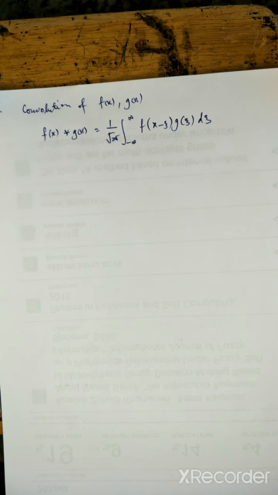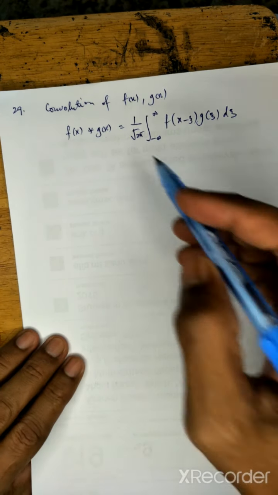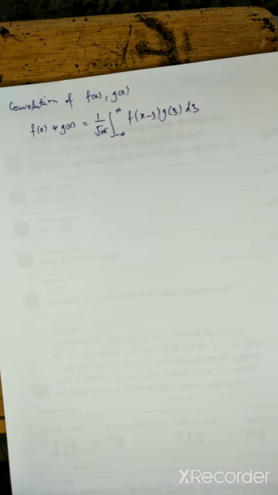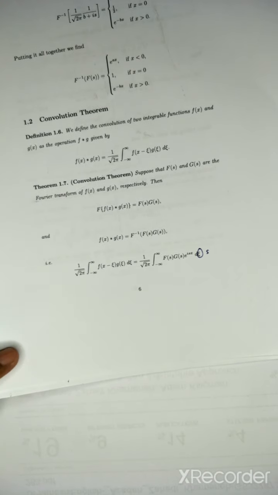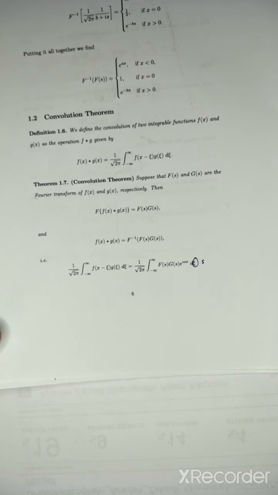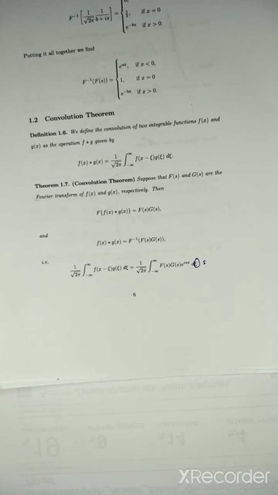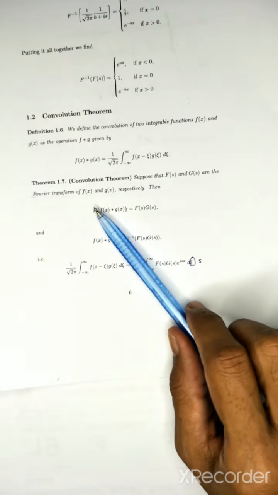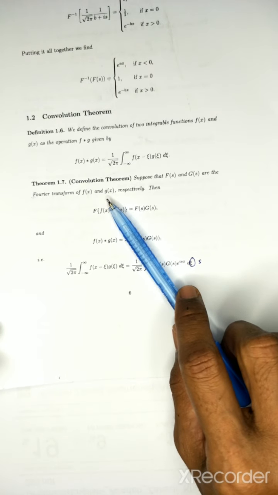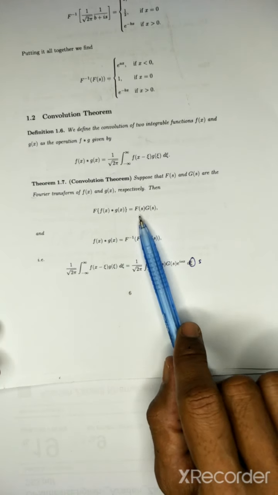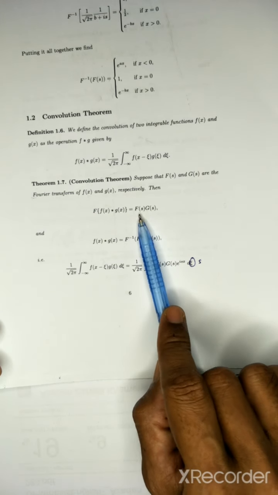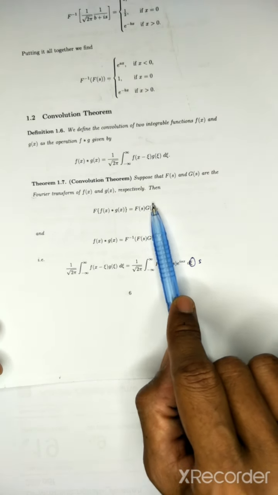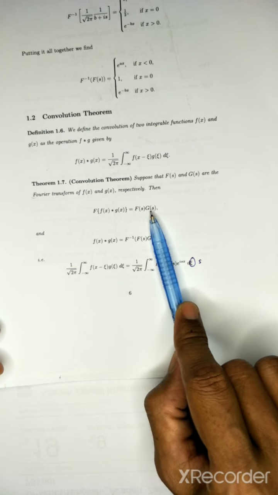Now, if we find the Fourier transform of the convolution of f and g, I better read from here, but it seems quite small. I hope you can see those things. The Fourier transform of the convolution of f and g is given by that, where F is the Fourier transform of f and G is the Fourier transform of g.